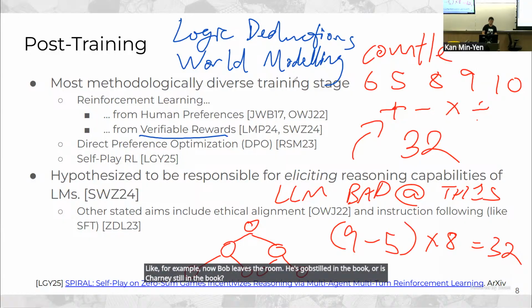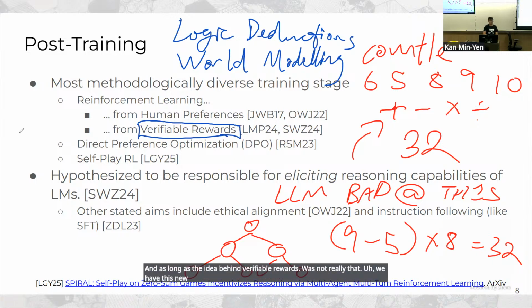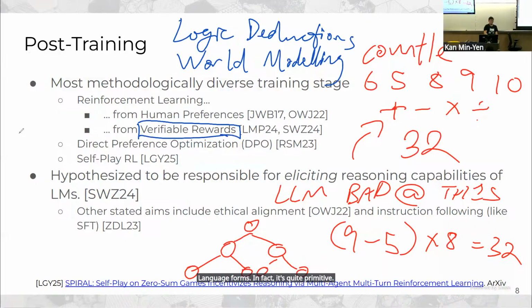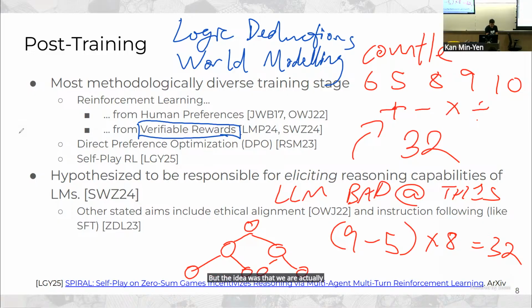Completely unrelated questions. Even so, the idea behind verifiable rewards was not really that we have this new and complicated setup to train language models. In fact, it's quite primitive by all metrics of language model training. But the idea was that we are able, in reasonable time, to train models to have superlative performance on things that we thought we humans find hard ourselves.